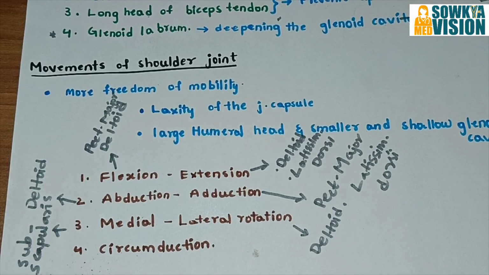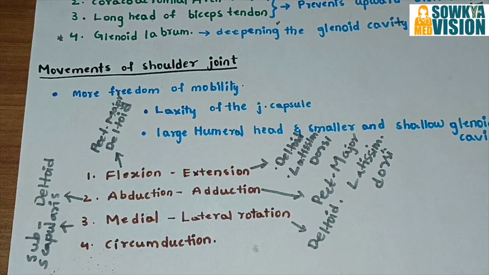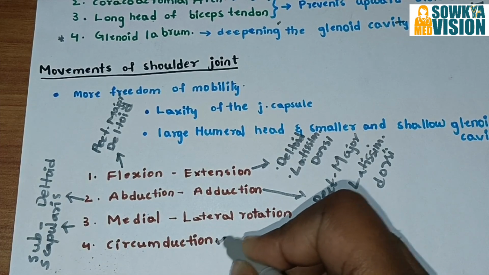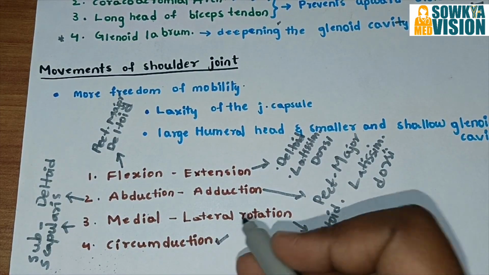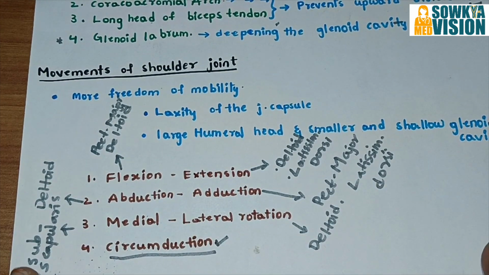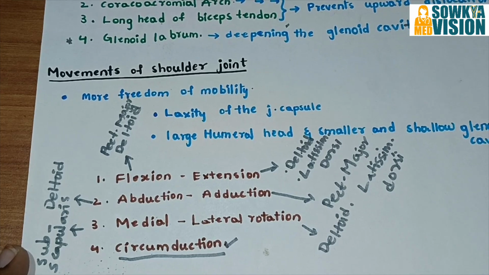Muscles involved in the medial rotation are subscapularis, and muscles involved in the lateral rotation, once again deltoid. Now, all these muscles together are involved in circumduction. So the shoulder joint has all the movements: flexion, extension, abduction, adduction, medial rotation, lateral rotation, and finally circumduction.